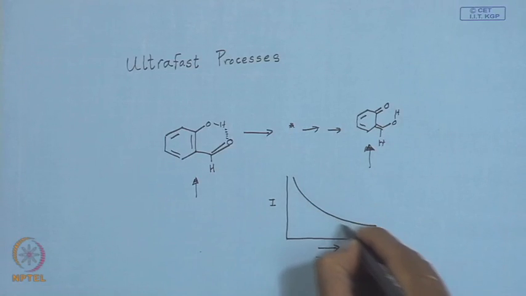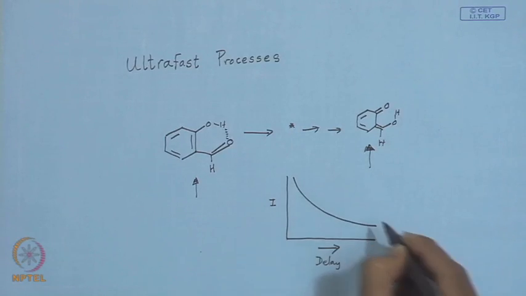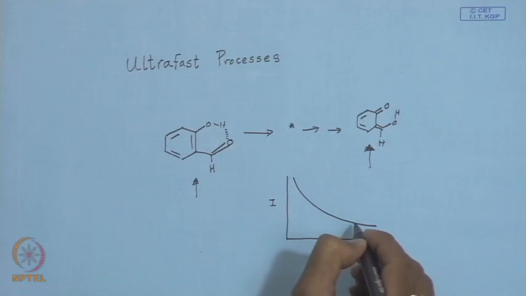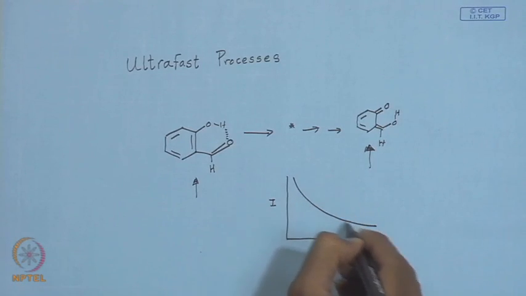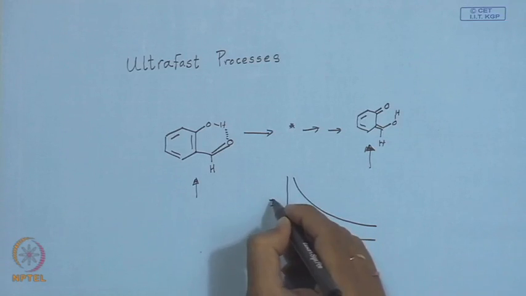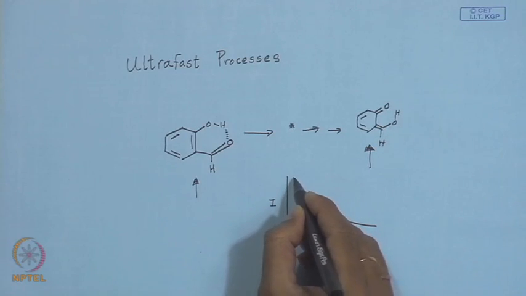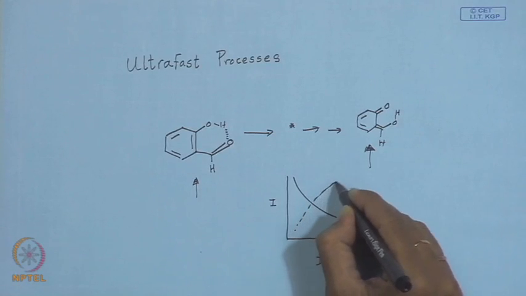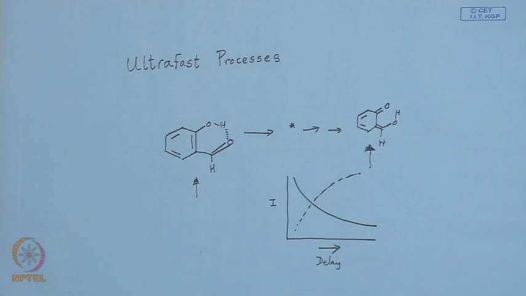So you collect it and then you fit with some mathematical formula, so that you can find out the decay kinetics, that is, the time required for the intensity to drop down to some value, or maybe it can give rise to some rising signal as well, depending on the system of interest. Okay.